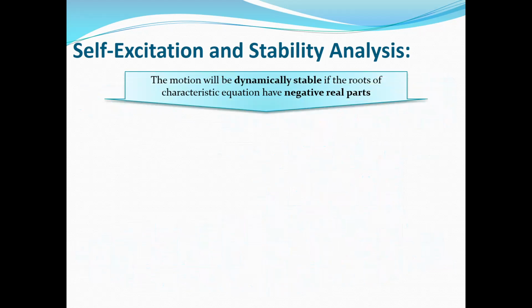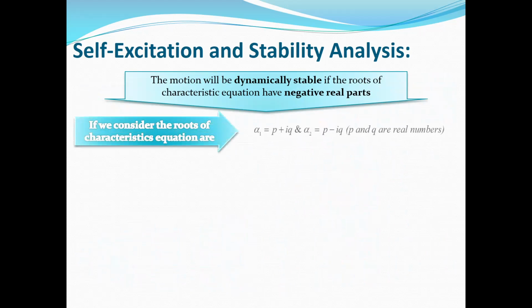If we want to study the dynamic stability of the system by investigating the roots of the characteristic equation, we can assume that the roots of the characteristic equation are alpha 1 and alpha 2.